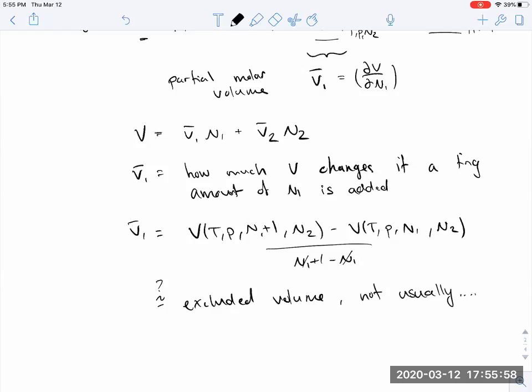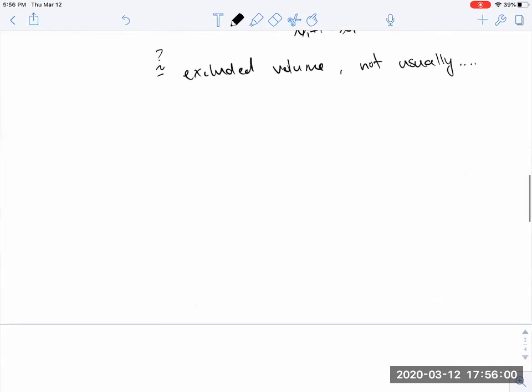We can demonstrate that mathematically for an ideal gas, and doing this for a mixture.